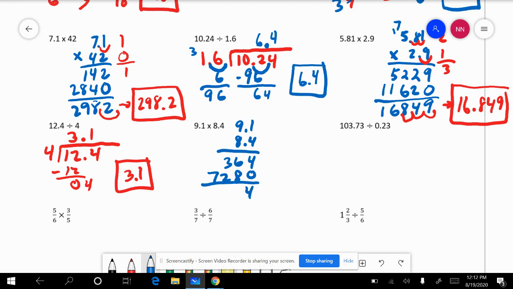I have 4, 14, 5, 6, and 7. This is one decimal place. This is one decimal place. That's a total of 2 decimal places. Start at the end, move 2 decimal places. So my final answer is 76.44.